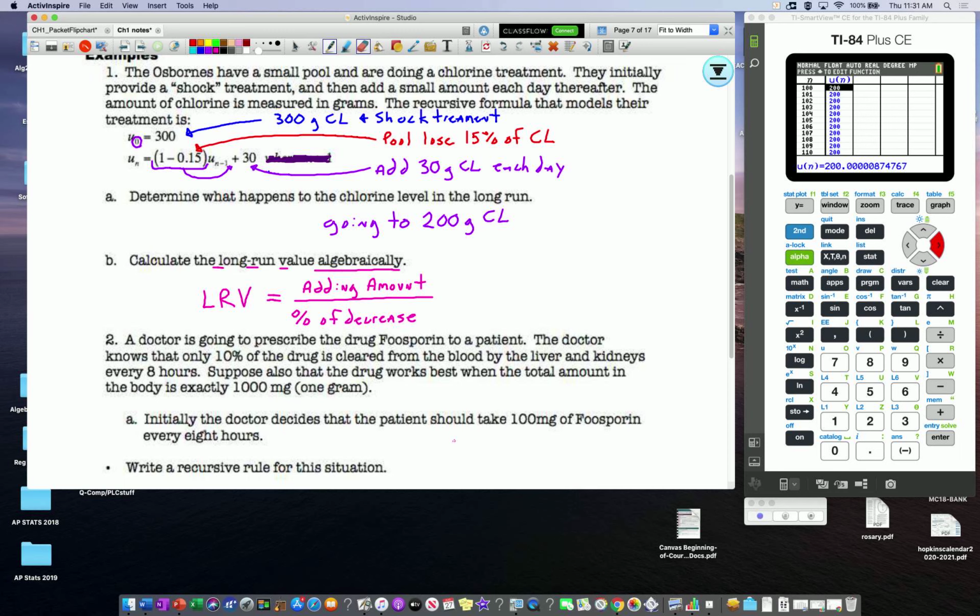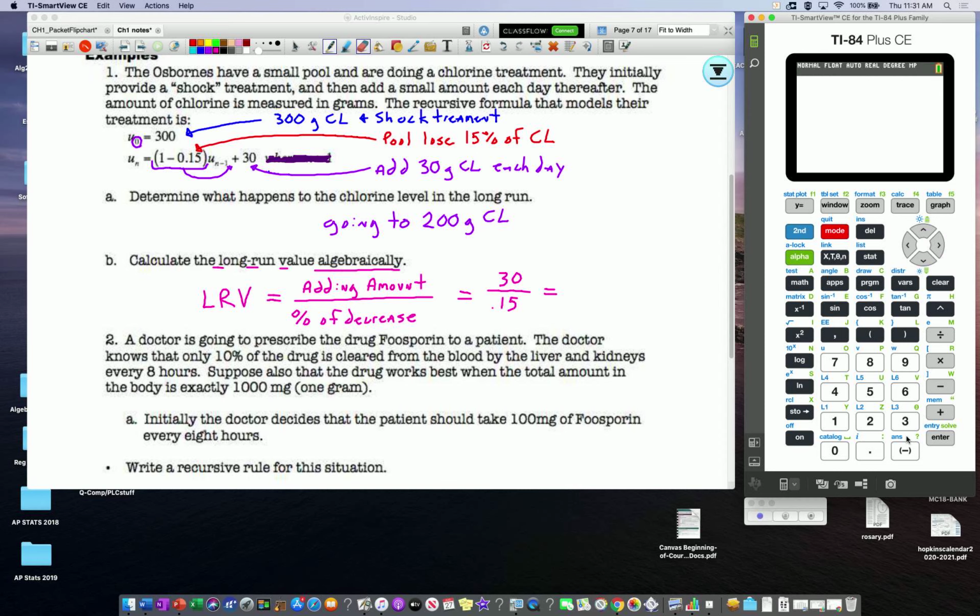Okay? So in our case, and you can do this for all the problems, we're adding 30 milligrams. Okay? If I divide that by 15, what it will tell you, in essence, is where it's going to actually level out. It's basically saying 15% of what number is actually 30. Okay?